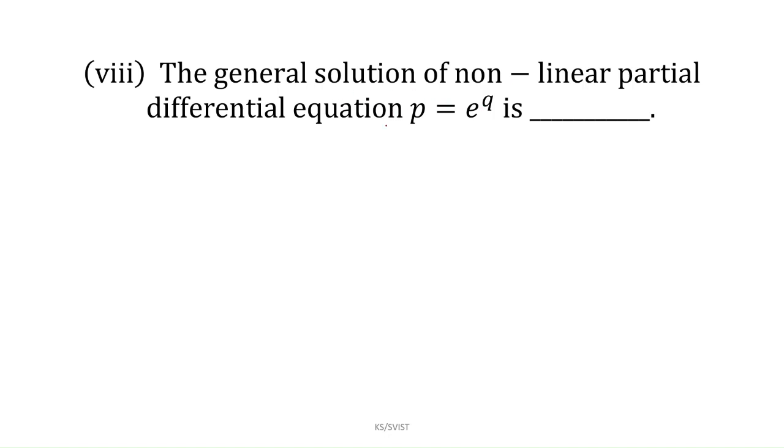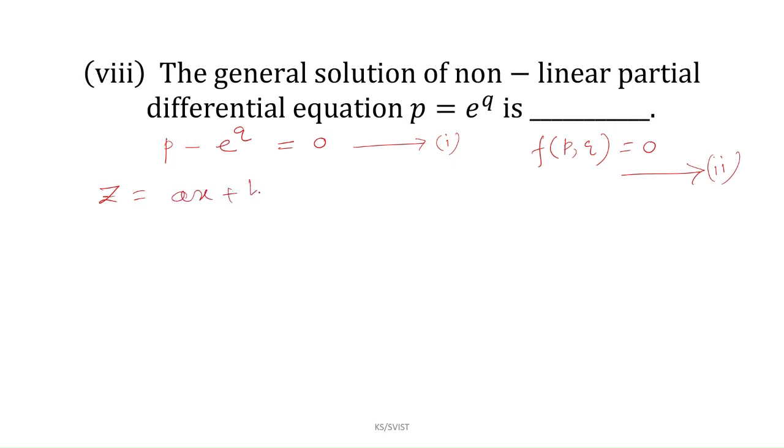Next question, we have to find the general solution of the nonlinear partial differential equation p equal e power q. The given equation can be written as p minus e power q equal 0. Say this equation is 1. This equation is of the form f of p comma q equal 0. Say this is equation 2. Now let the solution of equation 1 be z equal ax plus by plus c.